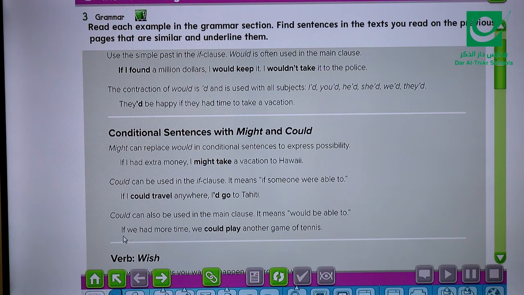Good. So I can say, if we had more time, look here, if followed by the past form, had, then what should we have here? I can have would, might, and also could. Like here, we could play another game of tennis.